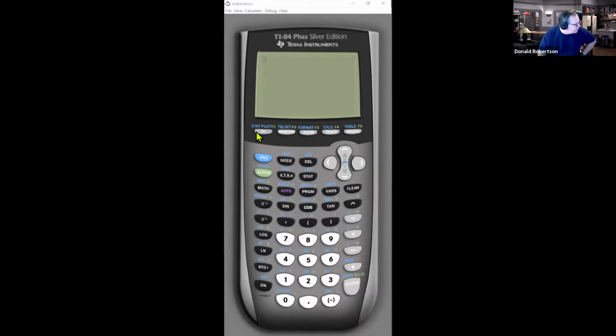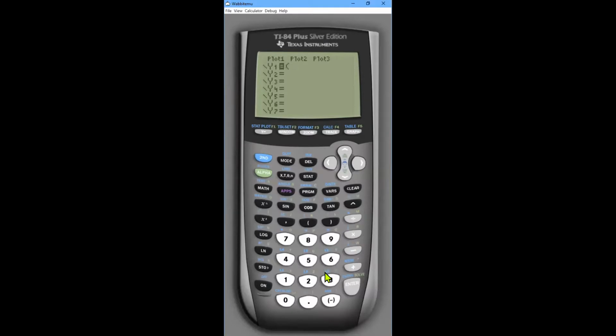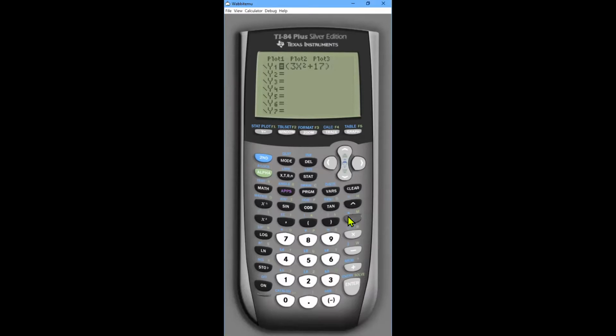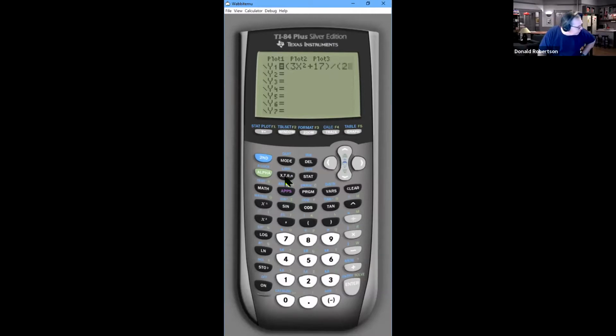So here we go. I'm going to type in that function. So it's going to be a bracket. It's going to be 3x squared. Add 17. And then divide. Oops, I thought I hit the bracket. Divide. And then on the bottom, it's 2x squared.